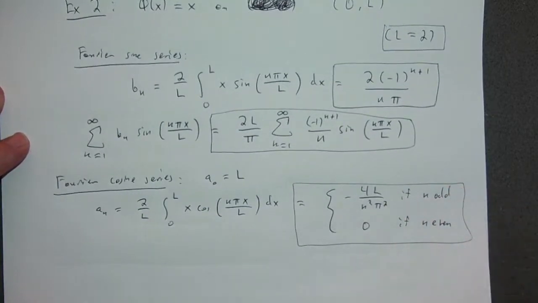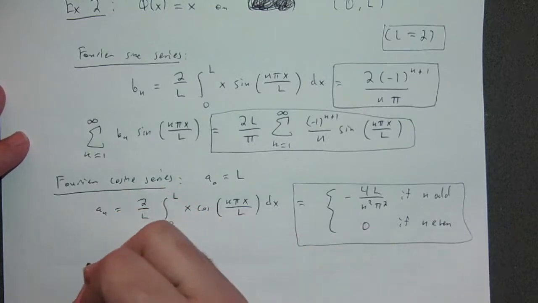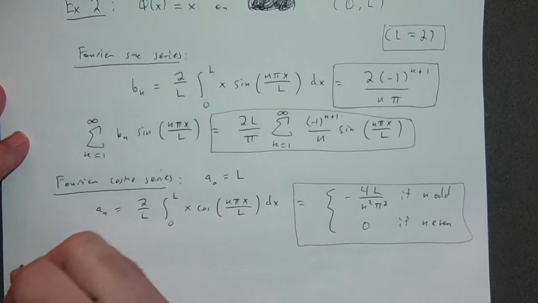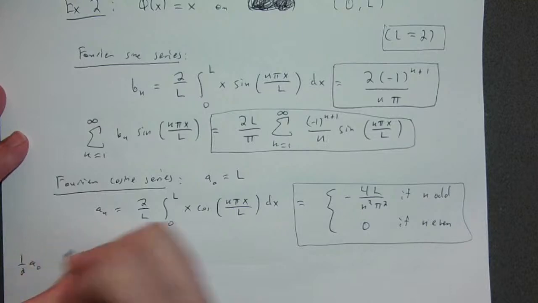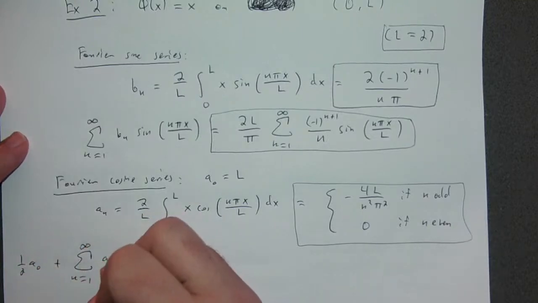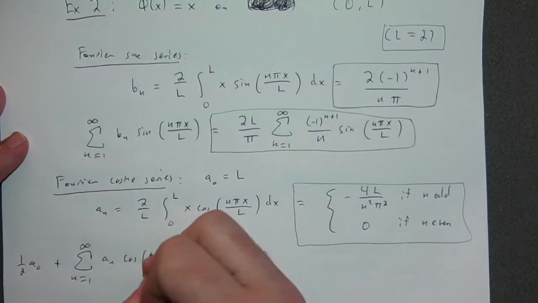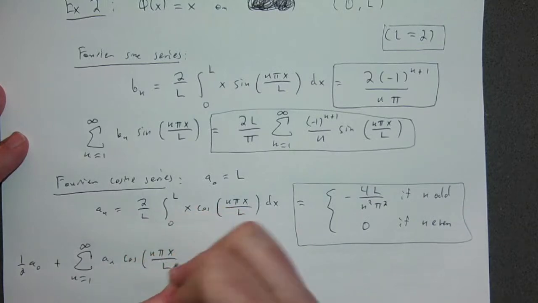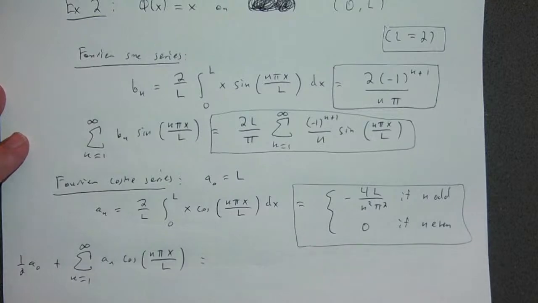And so the Fourier cosine series, right, 1/2 A naught plus the sum from 1 to infinity of A sub n cosine of n pi x over L. What is this?